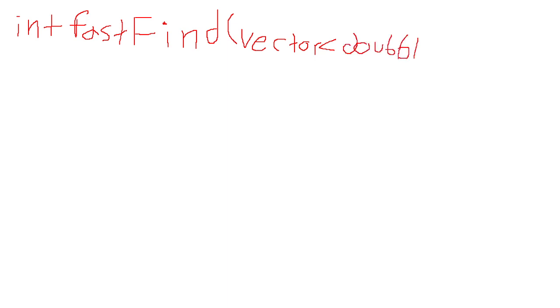The parameters it contains are a vector that contains some doubles, and you need a key.